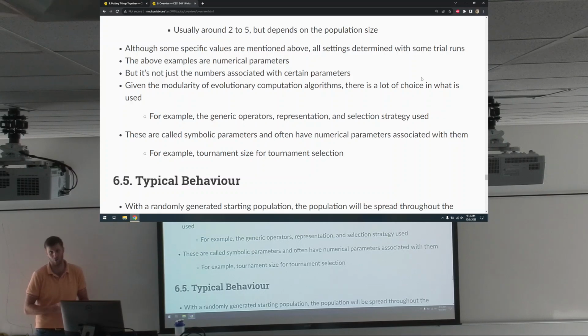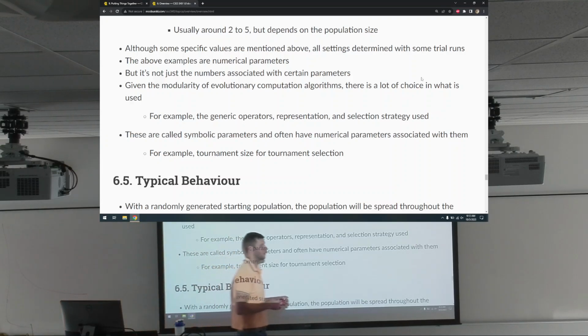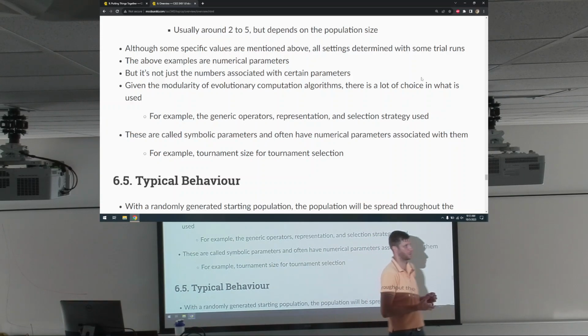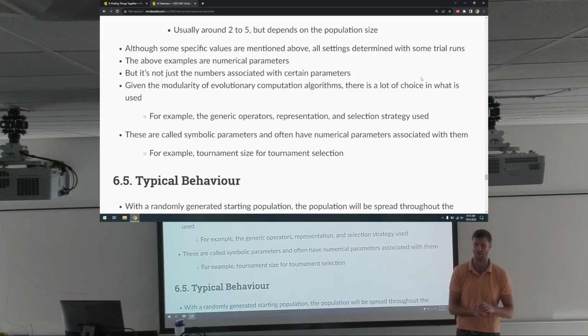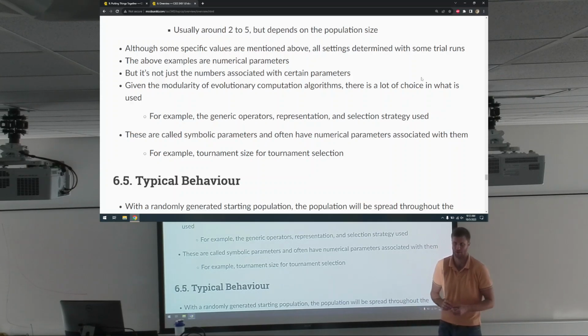As long as you're following that framework, you're good to go. How exactly you do selection is up to you, but the way you're doing selection would be the symbolic parameter. And sometimes your choice of symbolic parameter comes with a numerical parameter. For example, if I choose tournament selection, now I have to pick the tournament size.